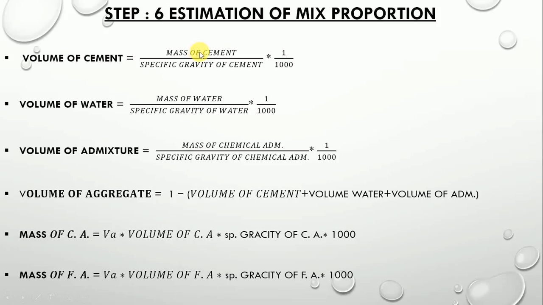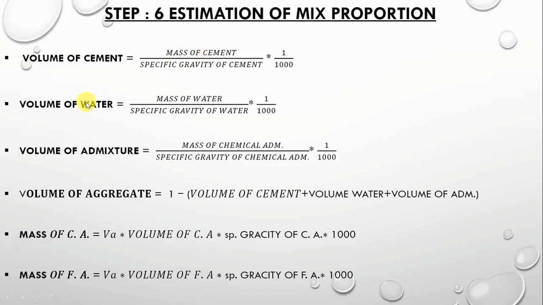Putting these values in the formula, we can easily get the volume of cement, water, admixture, and aggregate, and other quantities also, like fine aggregate and coarse aggregate. So for volume of cement, just put in mass of cement upon specific gravity of cement into 1 upon 1000, and we will get the volume of cement.